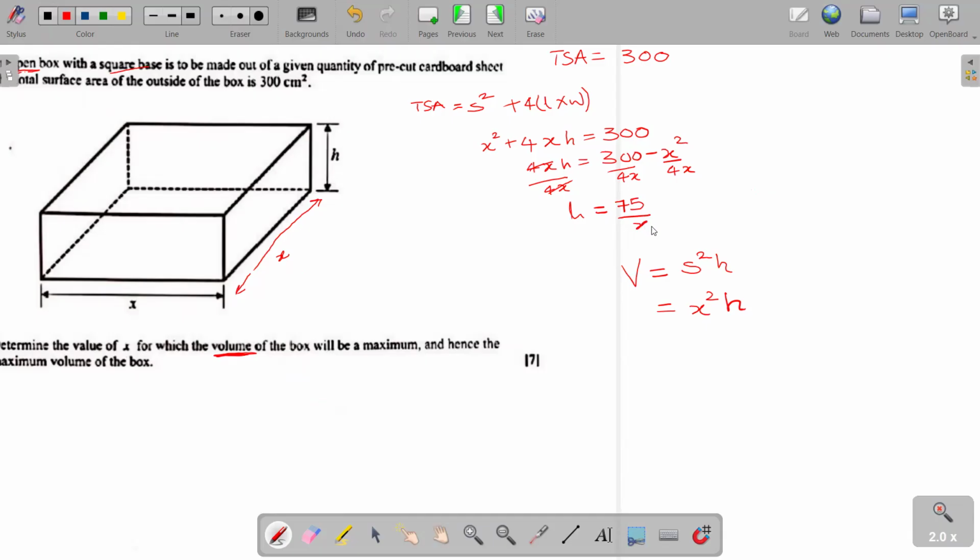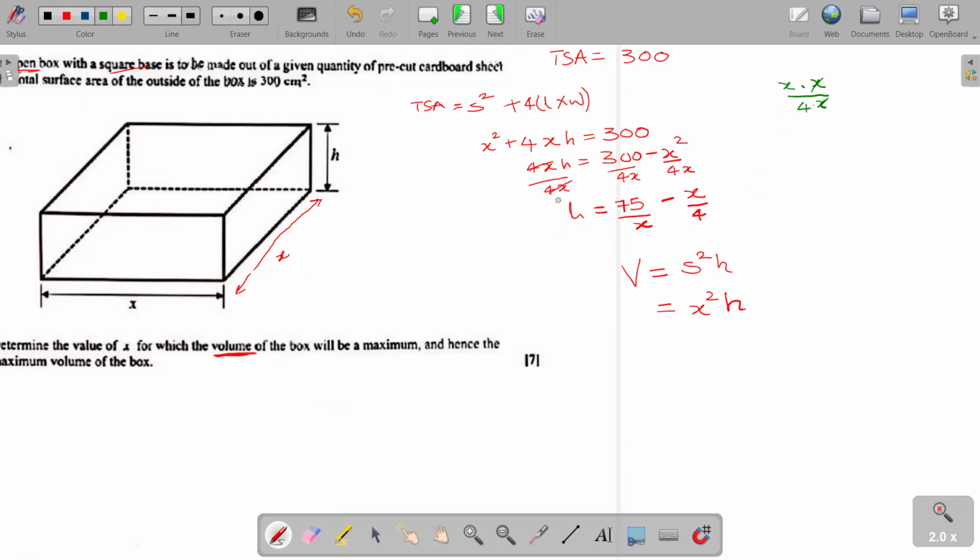Then over x minus x over 4. This x here, because x squared is the same as x times x divided by 4x. So this x and this x will divide, we'll be left with x over 4.